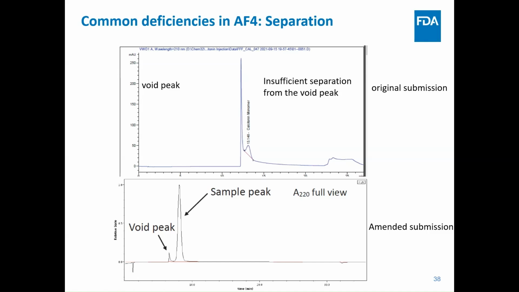This void peak is just related to the intrinsic nature of this technique, and there's no way to completely eliminate it. So what we can do is to have your sample peak separated from this void peak as much as possible. You see the top figure is from their original submission, where the sponsor wanted to utilize this method to study the high molecular aggregate in their peptide drug.